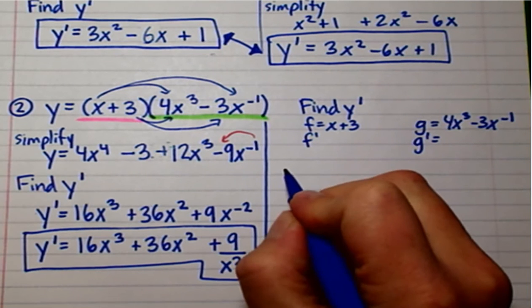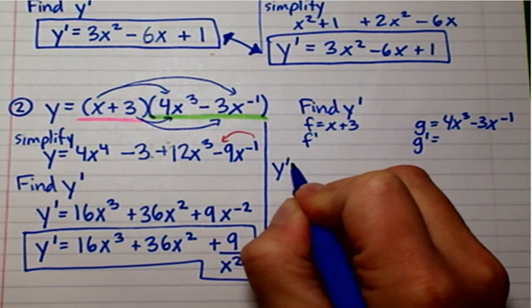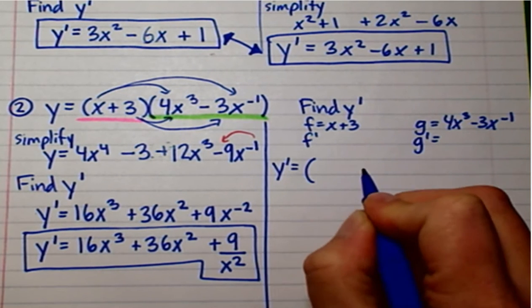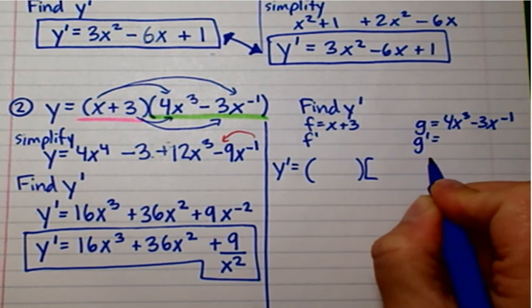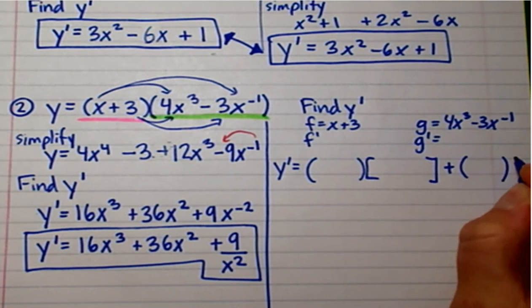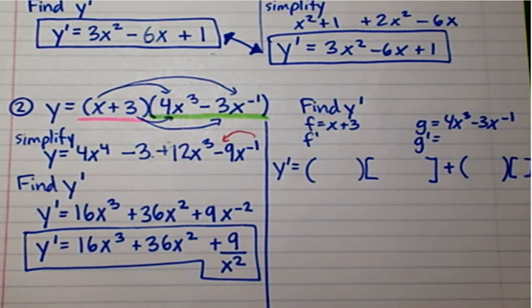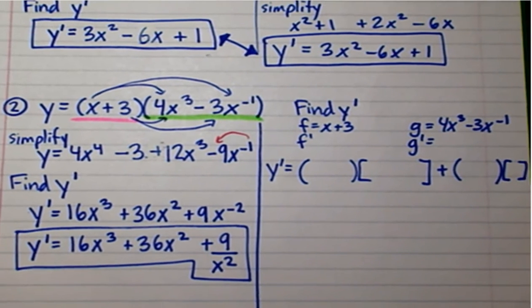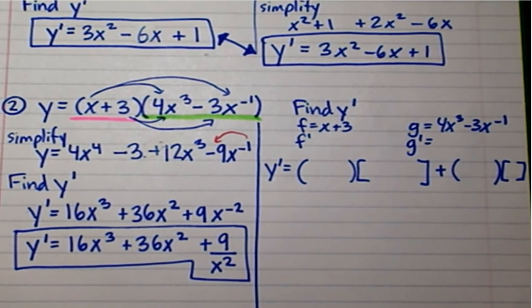See if you can't fill out where each of these pieces go. Okay, there's my little placeholders. Fill it out. And then we'll do the simplification together. Okay, you can do the product rule.